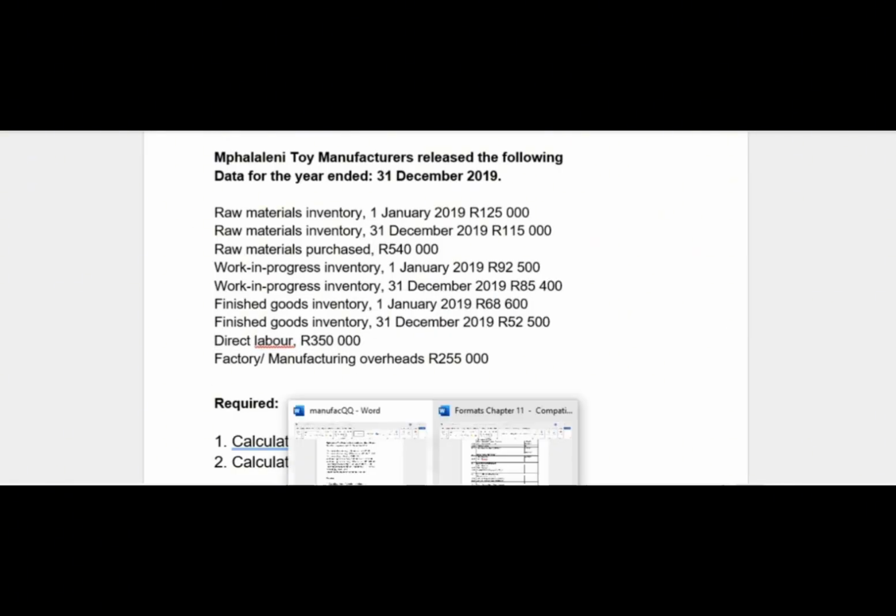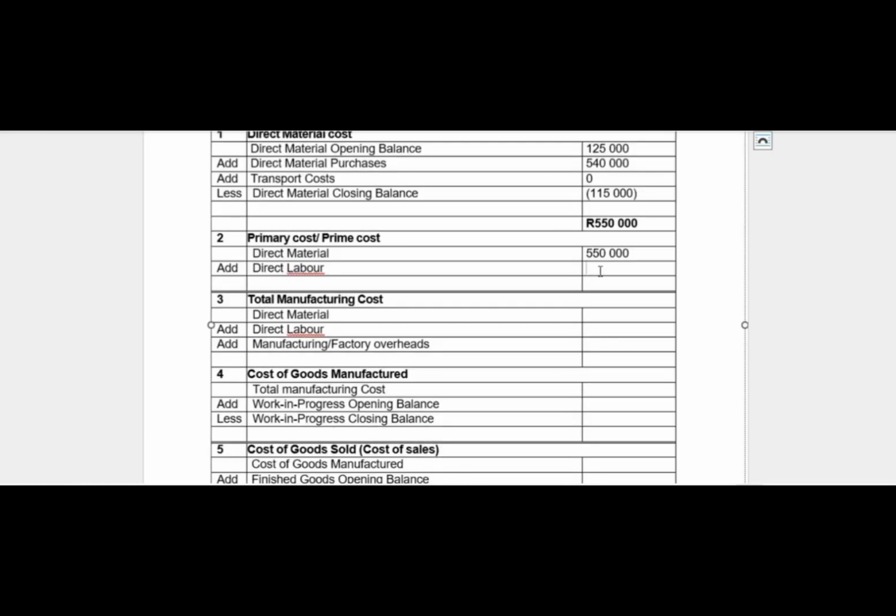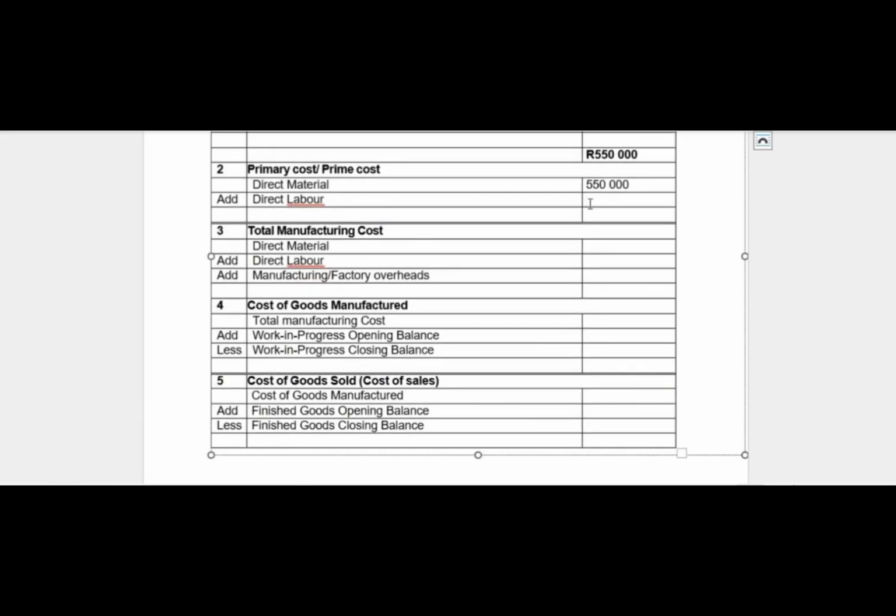So we add 350,000 to calculate primary or prime cost. Our prime cost is going to be 550,000 plus 350,000, and I am getting 900,000, right? 900,000.